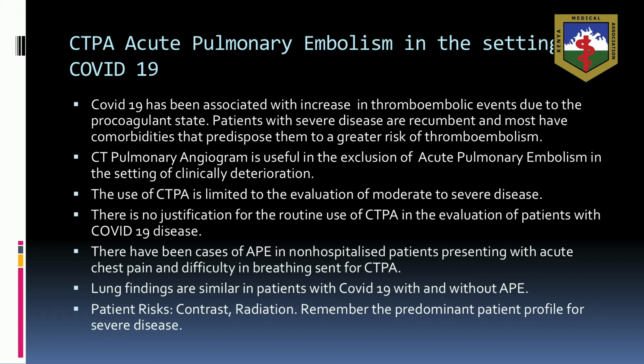There have been cases of acute pulmonary embolism in non-hospitalized patients presenting with acute chest pain and difficulty in breathing, sent for CTPA. Lung findings are similar, they don't change. The risks that you have are contrast risks.